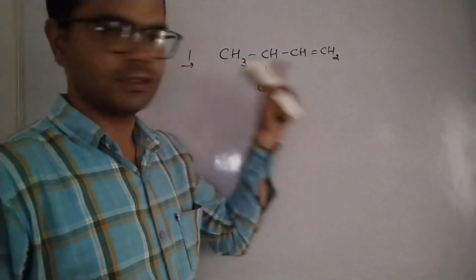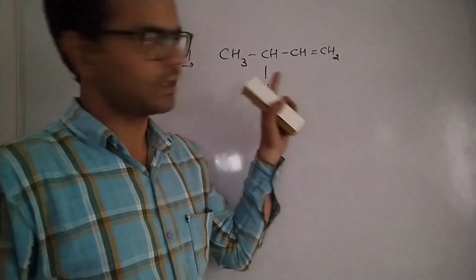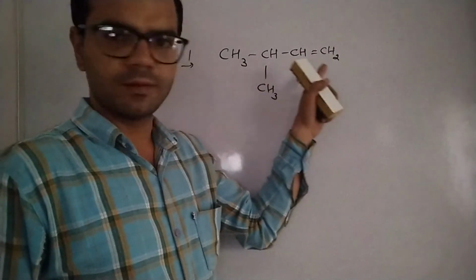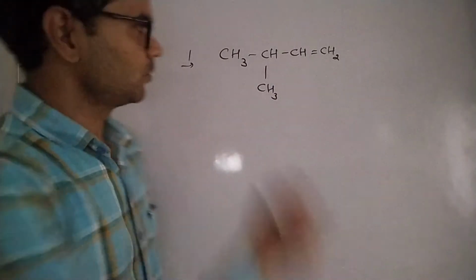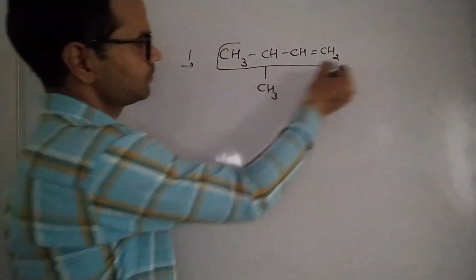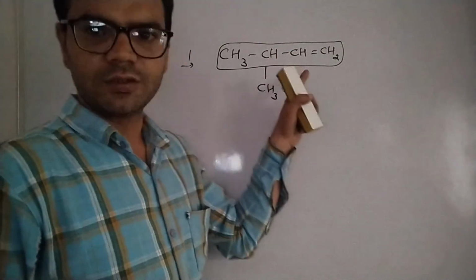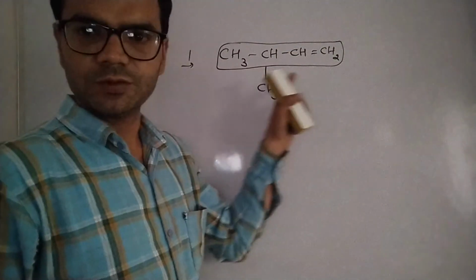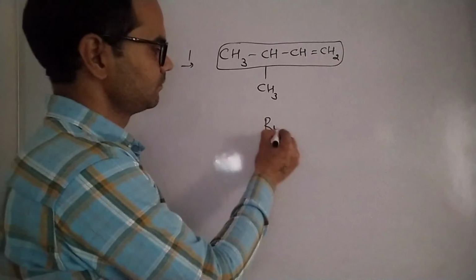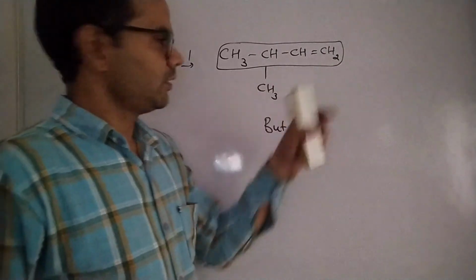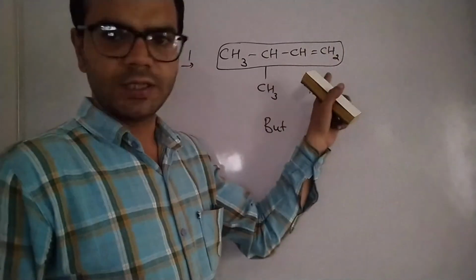First thing is to select the carbon chain having the maximum number of carbon atoms, with the multiple bond also included. So the parent chain will be this. Now we obtain the root word. For 4 carbon we use but. Now give a number to the multiple bond.